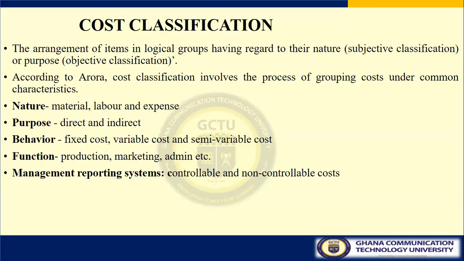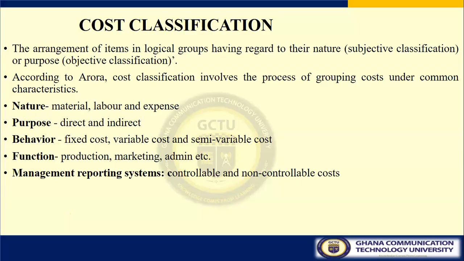At the back of your mind, what you should understand is that fixed cost is always fixed. It remains the same regardless of the level of activity. For semi-variable cost, the cost is partly fixed and partly variable. We don't say semi-fixed cost, we say semi-variable cost.